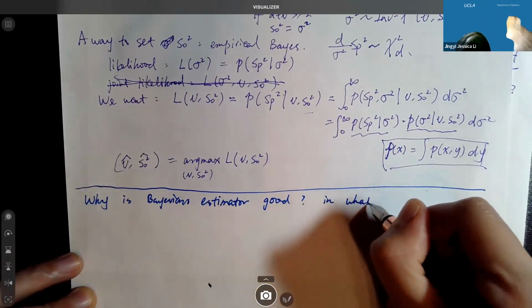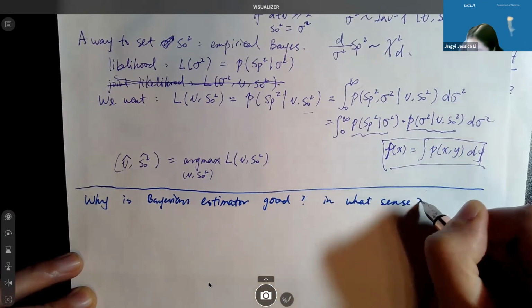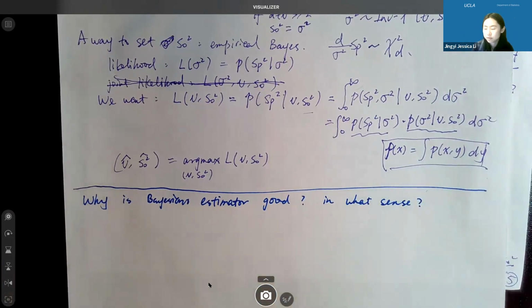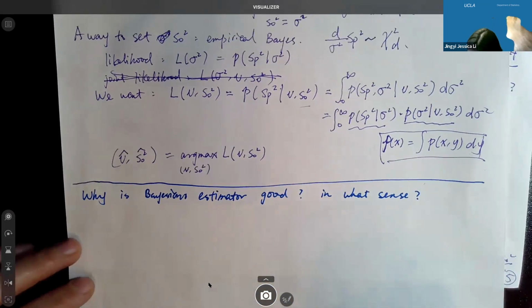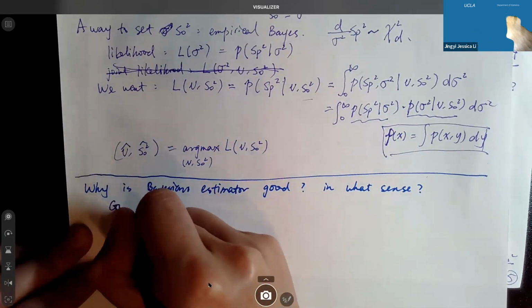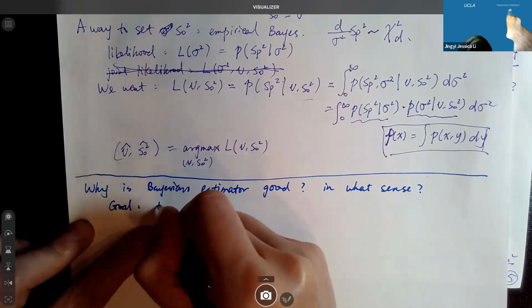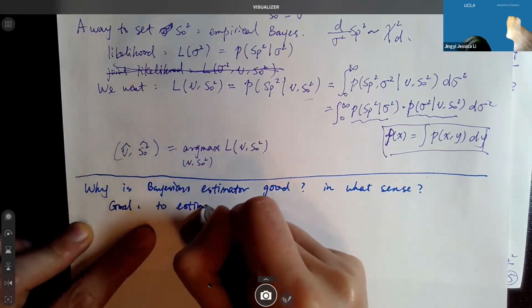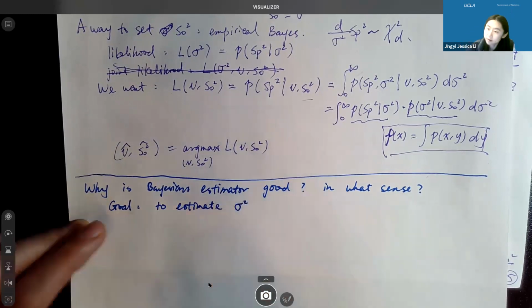I'm not sure if this is covered in our stats graduate class. I guess 200B, probably you should cover this, but I'm not 100% sure. So anyway, I'll give you the result. And this is something you can look up on Google if you're interested in the proof. So it's saying that if we are interested in estimation, so the goal in our case is to estimate some parameter. Here the parameter is sigma square, right?